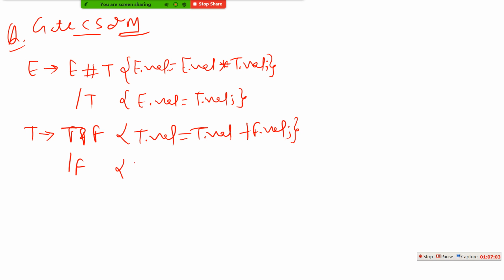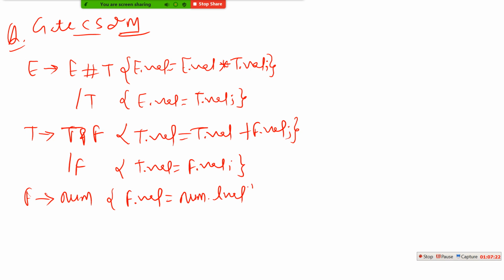And the semantic rule for this is T value equals F value. After that I have F derives num, and it has F value equals num dot L value.